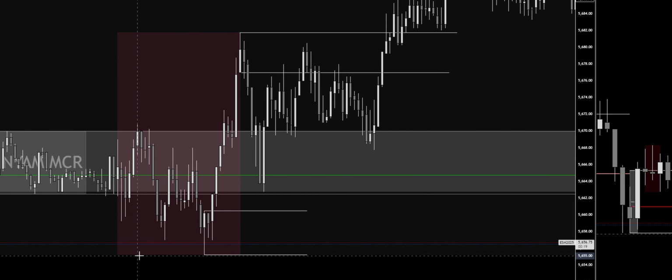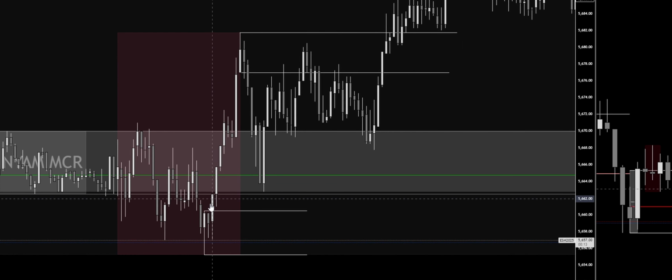And then we have the manipulation from 9:30 till 10:02, which is going to give us a range. And this is pretty much going to include that 10 o'clock news. It's going to include the 9:30 manipulation from the open of the market. And then whatever news is inside of that, we're going to keep in manipulation and only trade once we get outside.